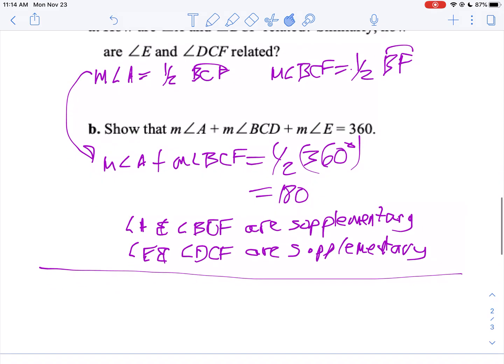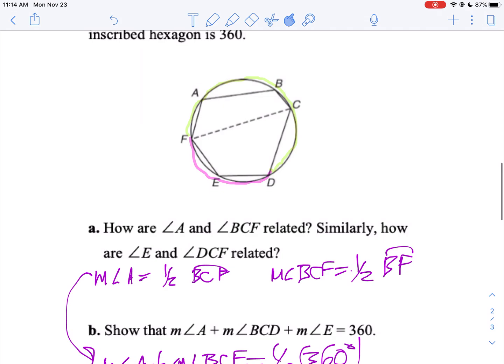We're going to add up angle A, angle BCD, and angle E. Well, if I look at the picture, angle BCD is composed of angle BCF and angle FCD, or DCF, the two angles that we just said.